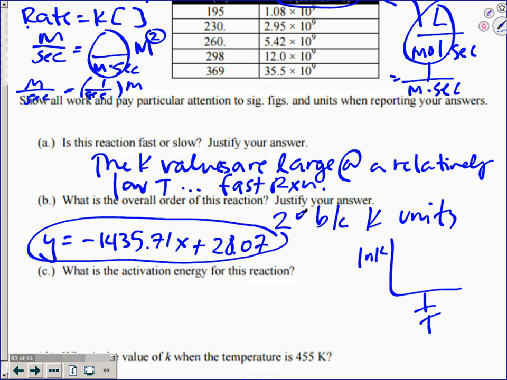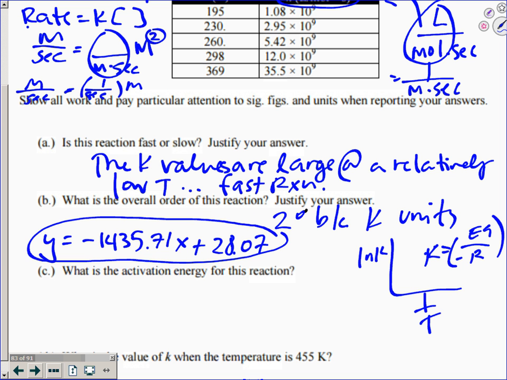So we regard it as temperature, so Kelvin. When you take negative EA over R, the R has Kelvin in the denominator, so it cancels Kelvin out to leave your activation energy as joules per mole. It'll always be joules per mole until you change it to kilojoules.